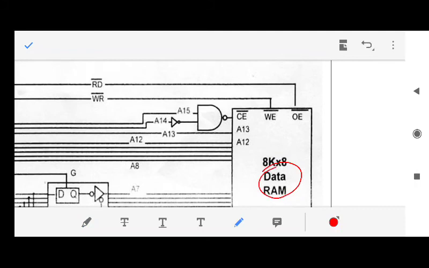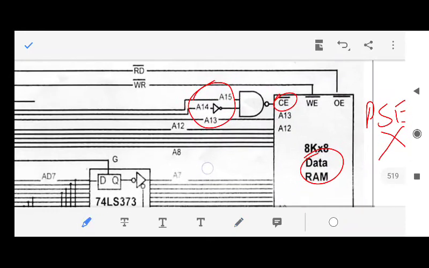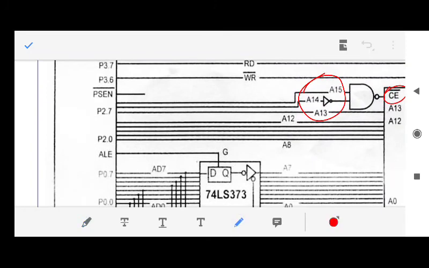So for RAM, the chip select signal will be taken from the remaining address lines, and the program store enable signal should not be used here. Why? Because the program store enable signal is only used for ROM, not RAM. Fine. So program store enable signal is left as it is. It is not used.